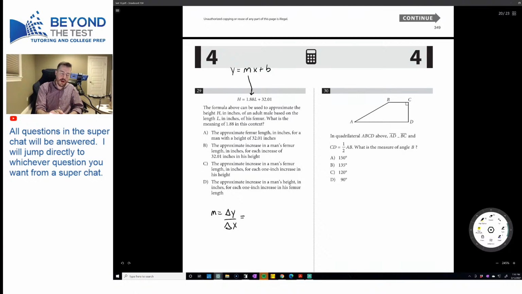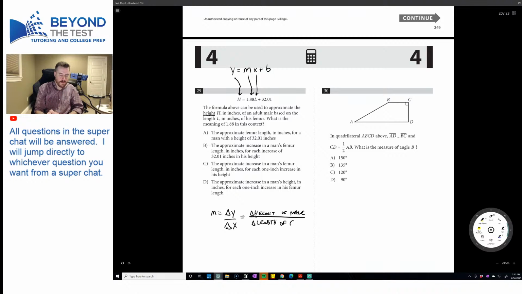For our problem here, the y value is the same thing as h, which is the height of the male. So this is the change in height of the male, over the change in L, the length of his femur.